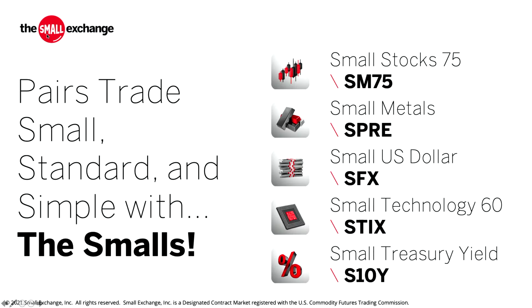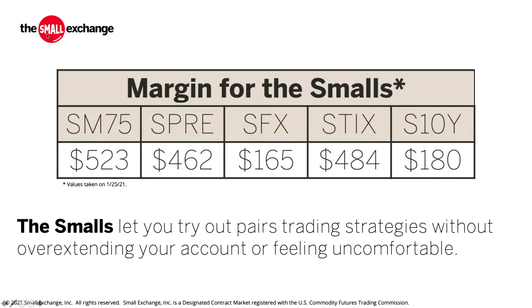Oh, okay, well, what's the ratio between the Eurodollar that's expiring in June of 2025 versus the 2-year Treasury note? Different multipliers, different volatilities. It's all a pain. The small exchange is trying to make that as easy for you as possible, and also as small for you as possible when it comes to the product sizes themselves.